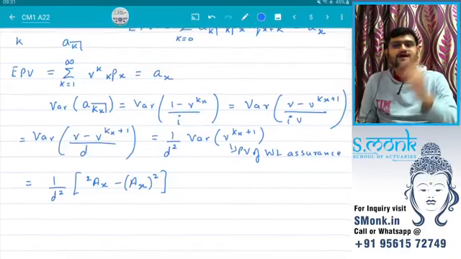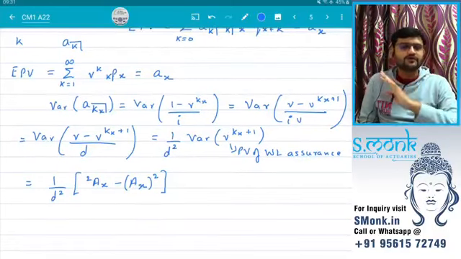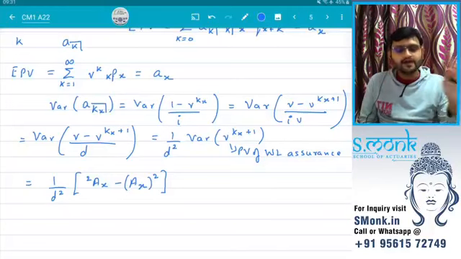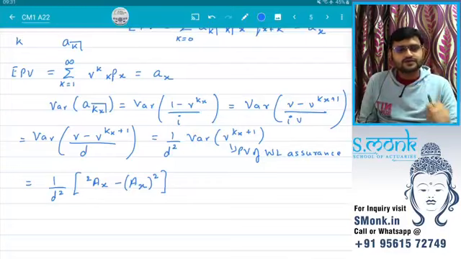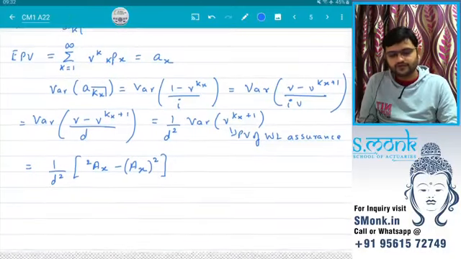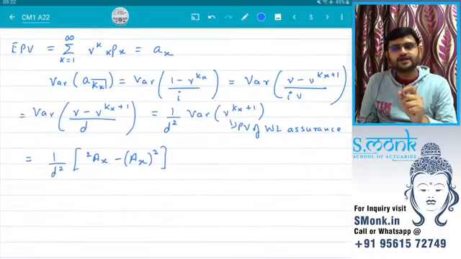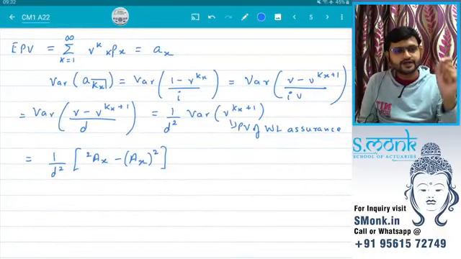If we knew exactly when the cash flows are going to be, we would not have calculated expected present value and variance of present value, because then we would have just calculated the present value like we did in our previous chapters. So the uncertainty comes because of the uncertainty of the mortality rate, right? We don't know when a person might die, so we cannot calculate how much money we will have to pay at what time. Therefore we took probabilities. So the uncertainty comes because there is an uncertainty of probability of mortality.